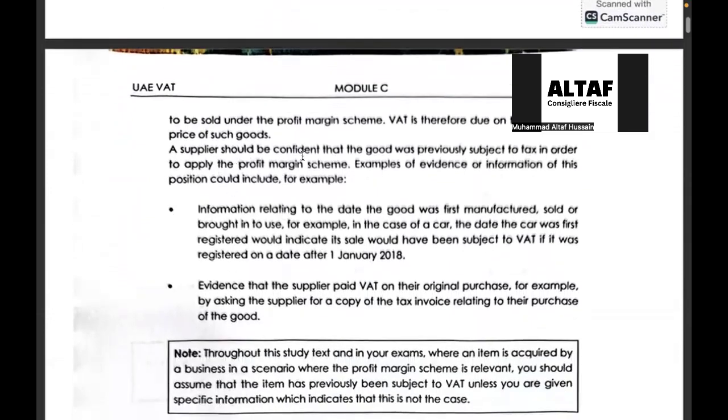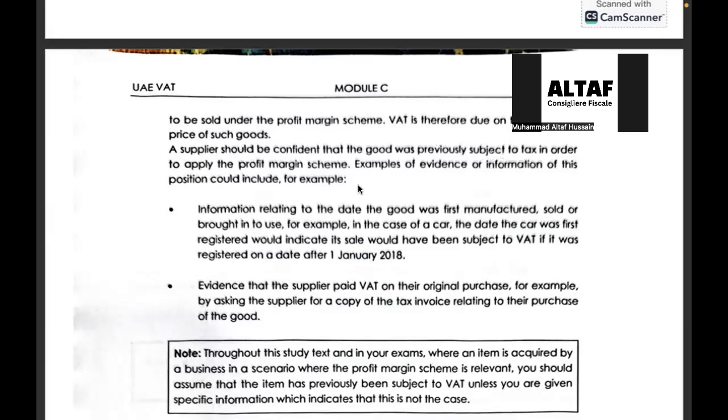A supplier should be confident that the good was previously subject to tax in order to apply the profit margin scheme. So the supplier has to make sure that the goods he is selling and reporting under the profit margin scheme were previously subject to VAT.